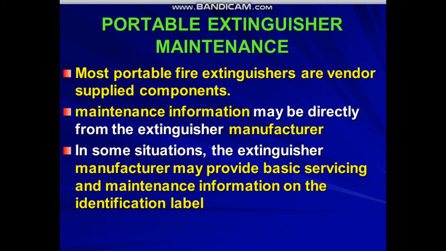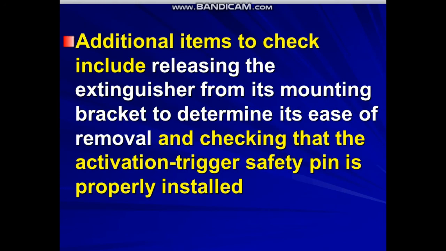In some situations, the extinguisher manufacturer may provide basic servicing and maintenance information on the identification label. Additional items to check include releasing the extinguisher from its mounting bracket to determine its ease of removal and checking that the activation trigger safety pin is properly installed.